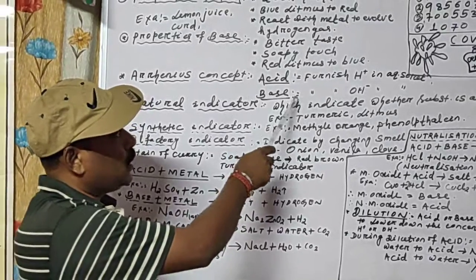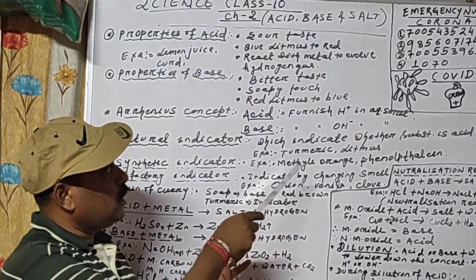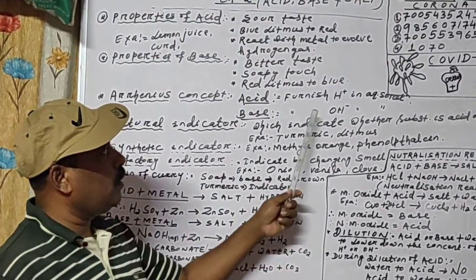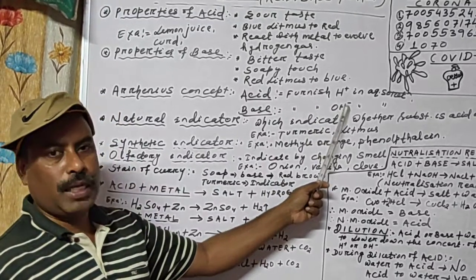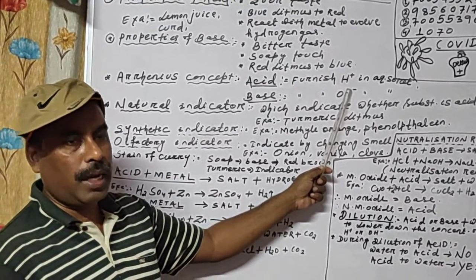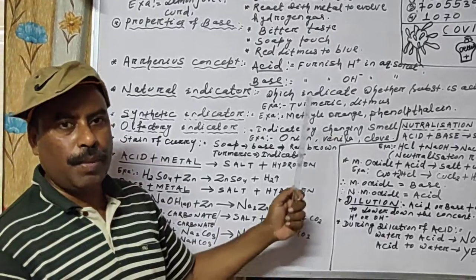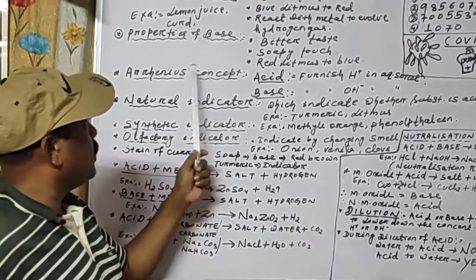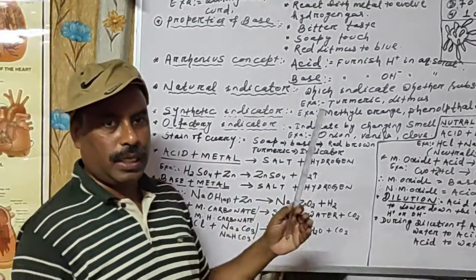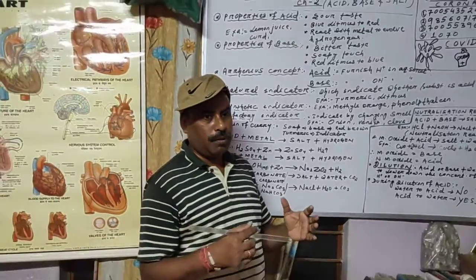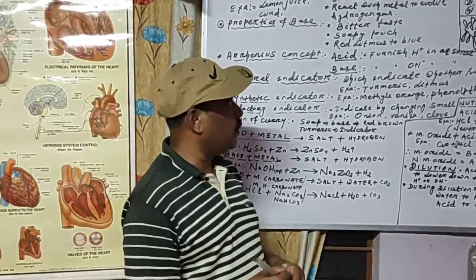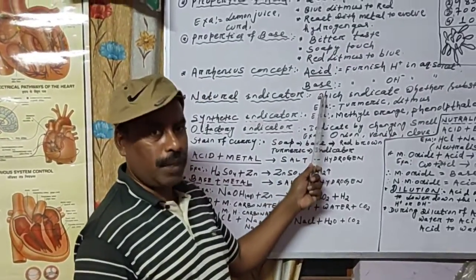Similarly, a base is a substance that, when dissolved in water, furnishes OH minus, meaning hydroxyl ion, then it is called a base. So this is about the Arrhenius concept, the scientist who put forward this concept to define acid and base.